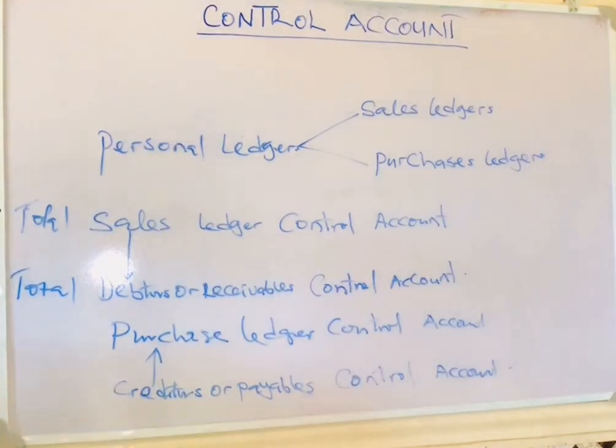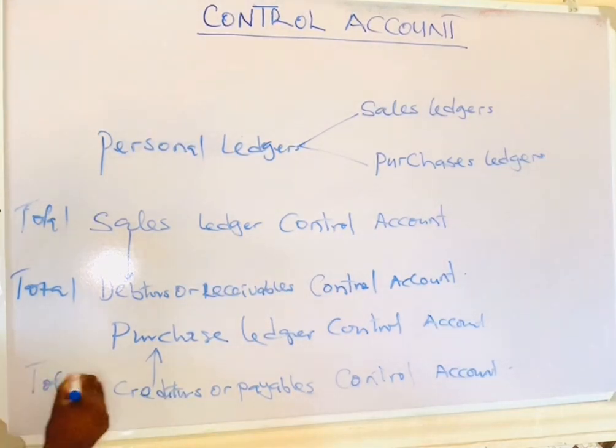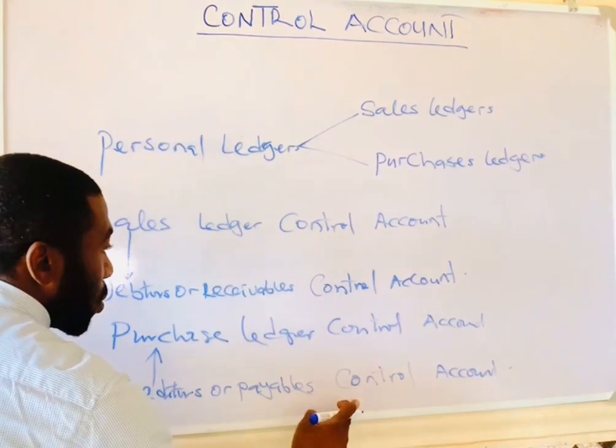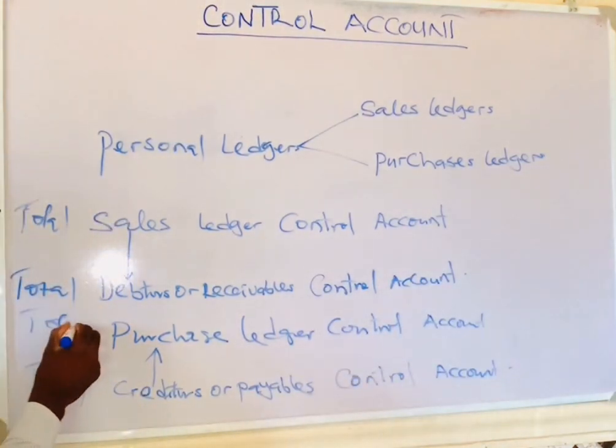And since we are controlling this purchase ledger to get the total, you can say total creditors, total payables control account, or total purchase ledger control account.